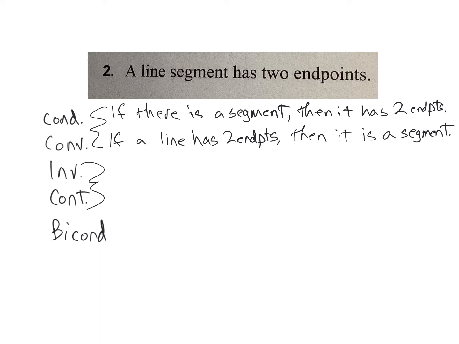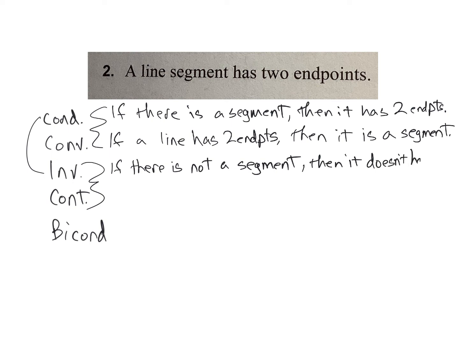Okay, so the inverse goes with conditional. So you say if there is not a segment, or you can say if a line is not a segment, then it doesn't have 2 endpoints.